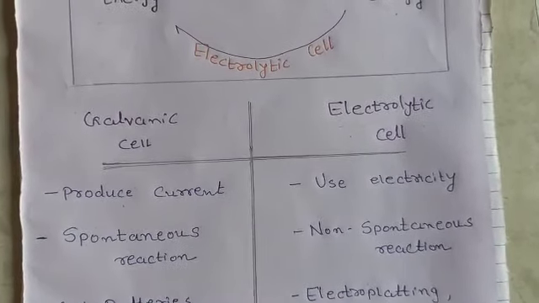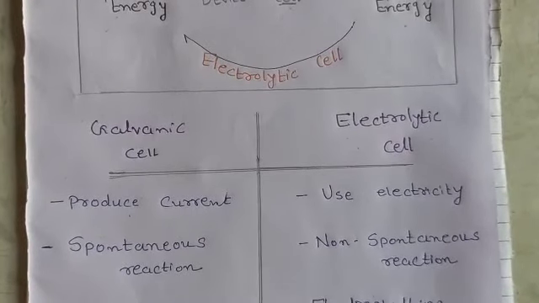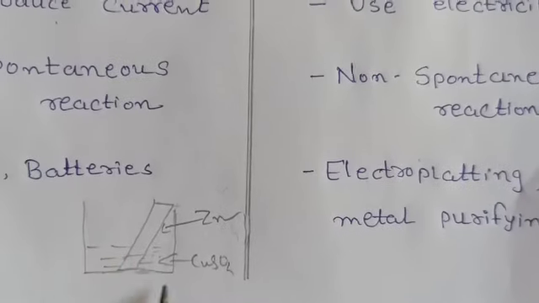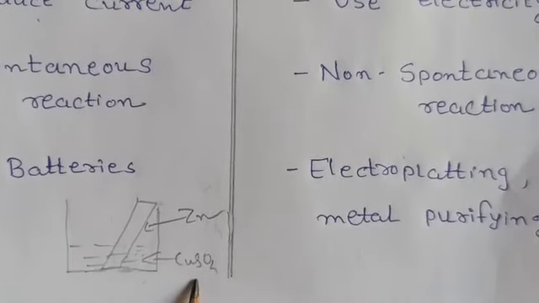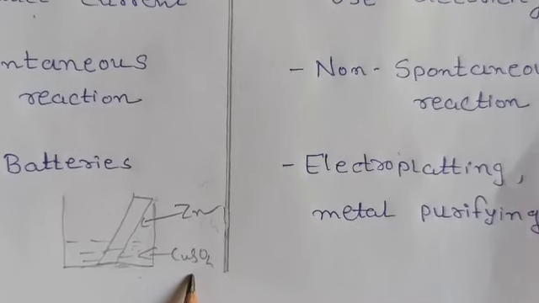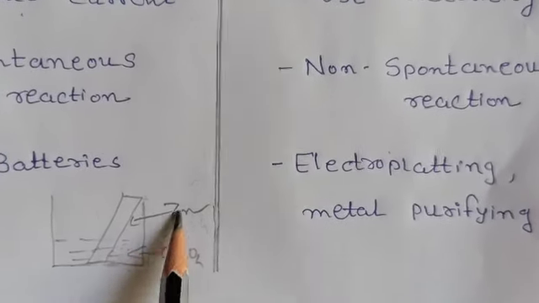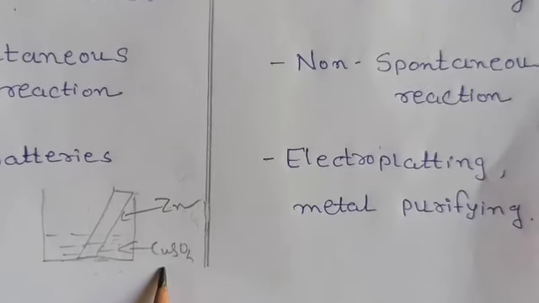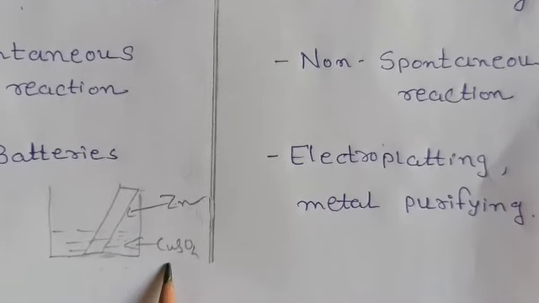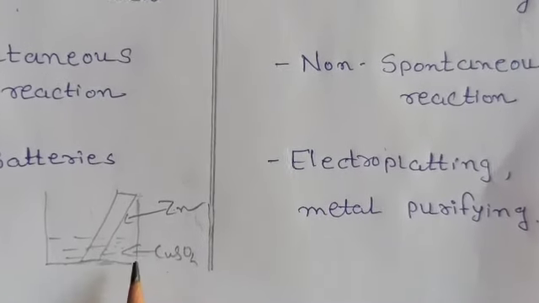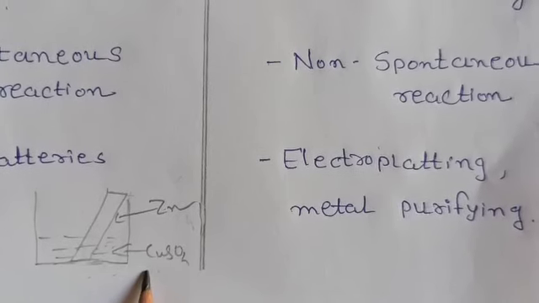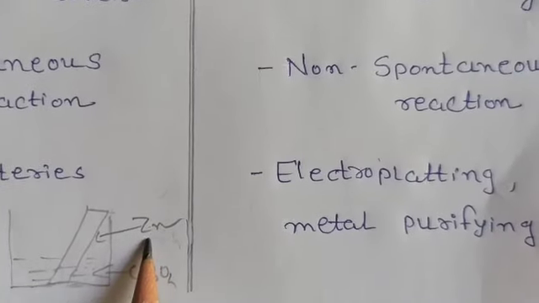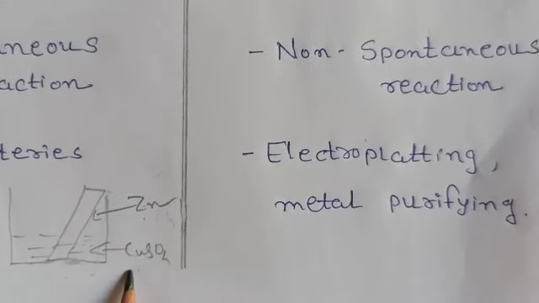A spontaneous reaction means the reaction which occurs by itself. Suppose we take one beaker with copper sulfate solution, and we dip a zinc rod in this solution. We know that the copper sulfate solution has a blue color, but after some time we can observe that this blue color disappears, because the zinc replaces the copper.